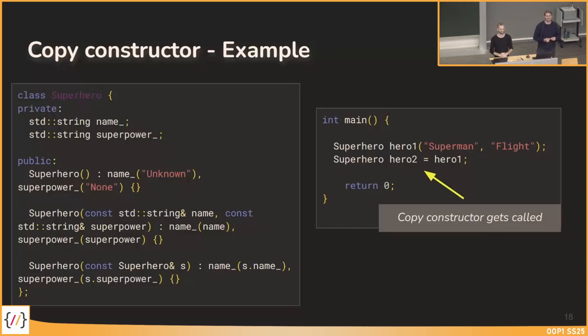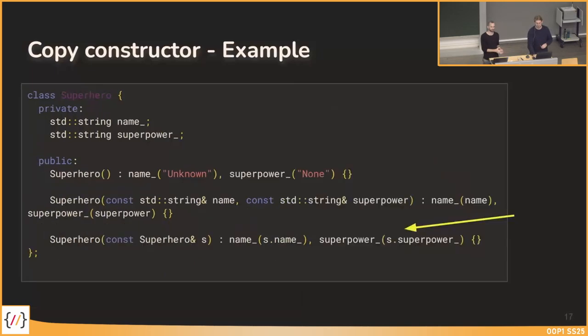Why do we define the argument of the copy constructor to be const if our hero1 is not really a constant? It's because we don't want to modify hero1 here. It does not make sense to modify the original object when making a copy.